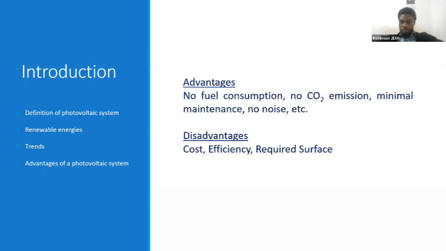There are many advantages in using solar energy. The advantage is, as I said earlier, there is no fuel consumption. As there's no fuel consumption, there is no CO2 emission, and the maintenance is minimal.